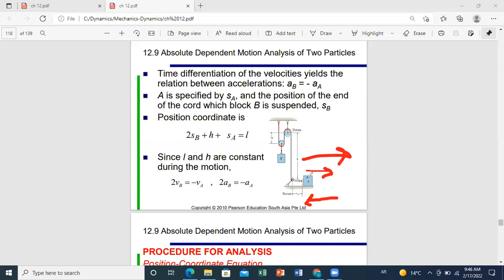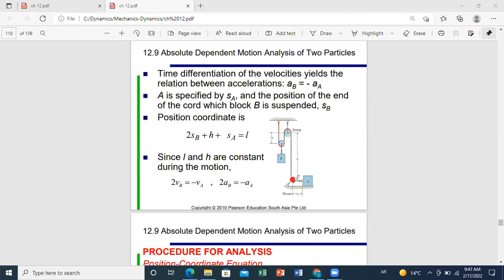Here, if I do an analysis, it will move to the left because B, under the effect of its weight, will move down, and then A will go in this direction. So in this case, when you solve for VA, you get a negative result. But why do we take the coordinate like this? Because we'll consider here a fixed reference passing by the center of this pulley. The center of this pulley is fixed.